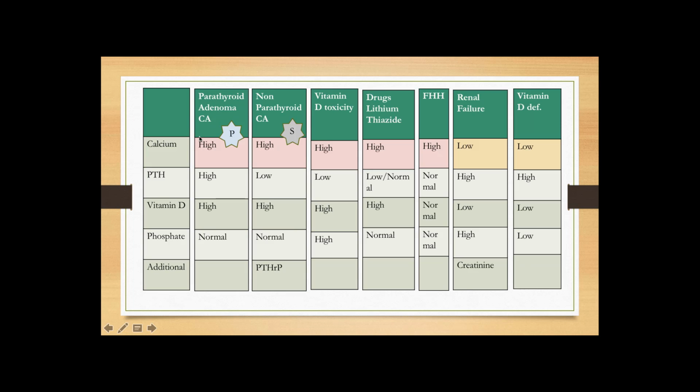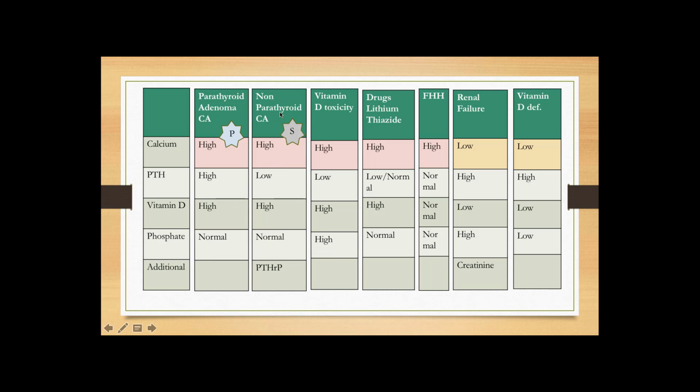So for example, if your patient has parathyroid adenoma or cancer, which is primary hyperparathyroidism, your calcium will be high, your parathyroid hormone will be high, your vitamin D will be high, and phosphate will be normal or low normal.